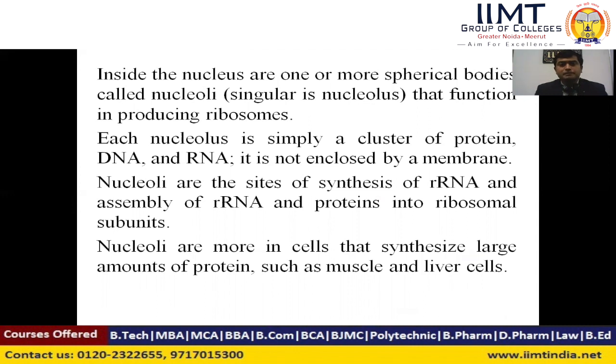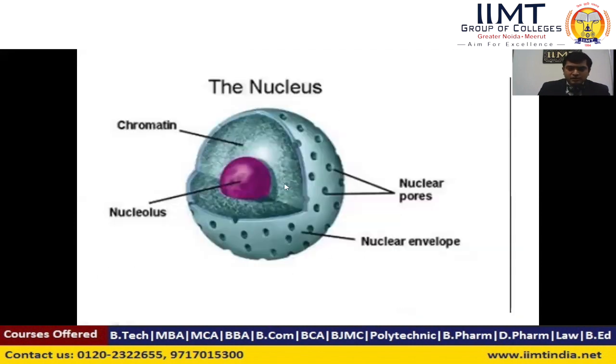Each nucleolus is simply a cluster of proteins, DNA, and RNA, as we have discussed, and it is not enclosed by a membrane, similar to the nuclear envelope. That is the point to be considered. The nucleolus does not have a membrane outside, so it is not a membrane-bound structure, unlike the nucleus.